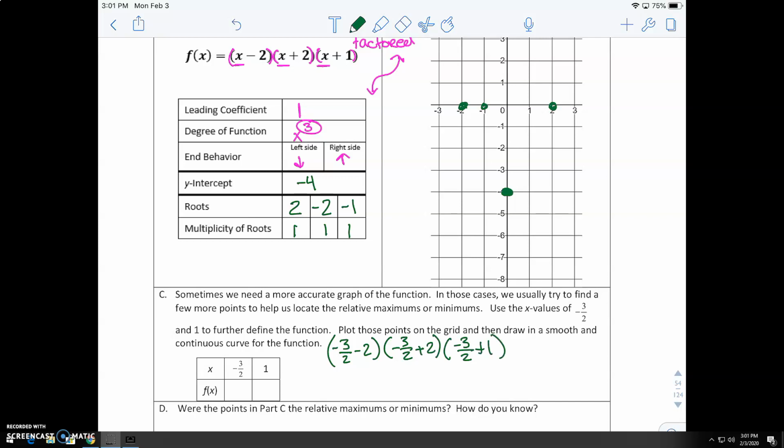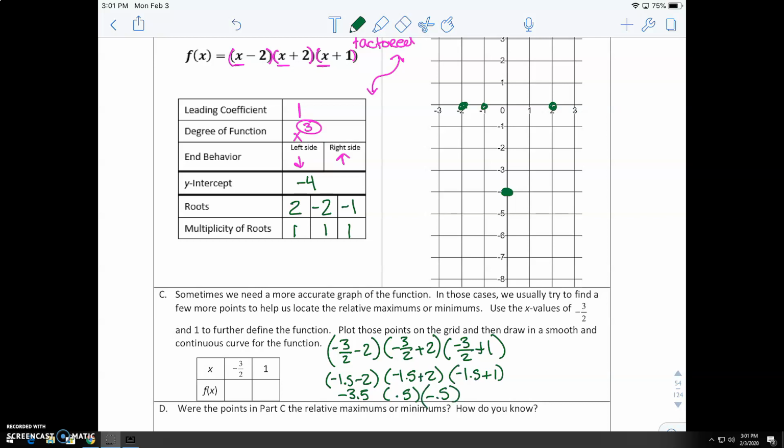Okay, so I'm actually going to change these to decimals because that just looks so much easier to me right now. Negative 1.5 minus 2 makes negative 3.5. Negative 1.5 plus 2 makes positive 0.5. And then negative 1.5 plus 1 makes negative 0.5.